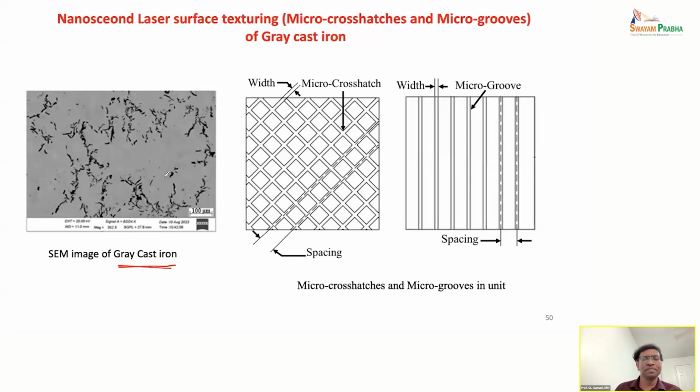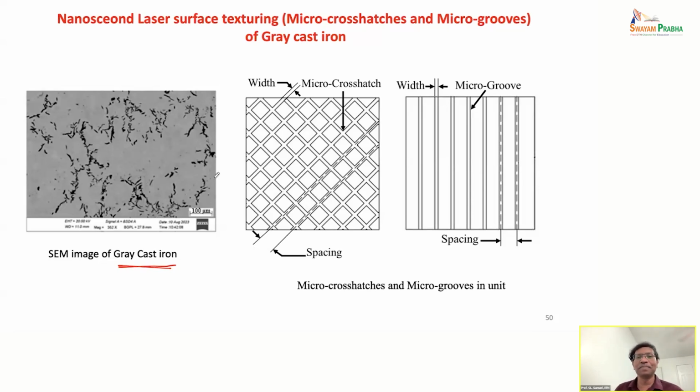Carbon and graphite act like a solid lubricant. We'll see later that by texturing we can expose more of this carbon. So not only does the texture decrease the friction, but exposing this graphite or carbon also helps in decreasing the friction.